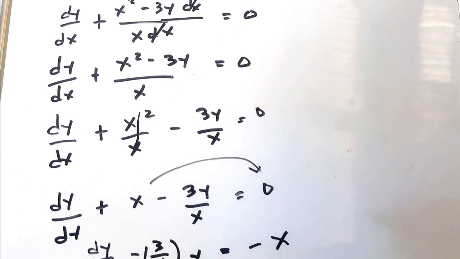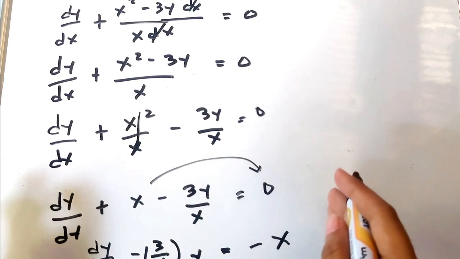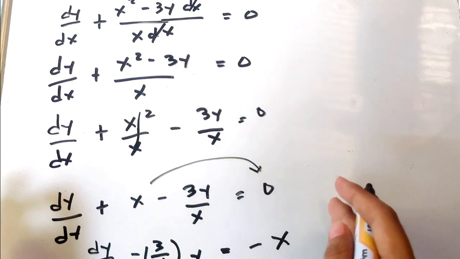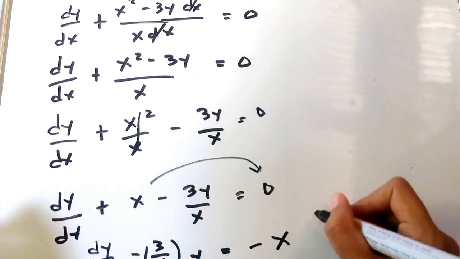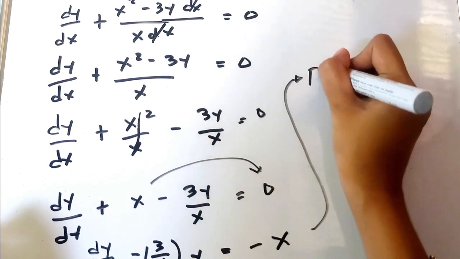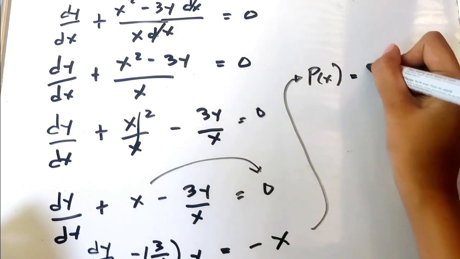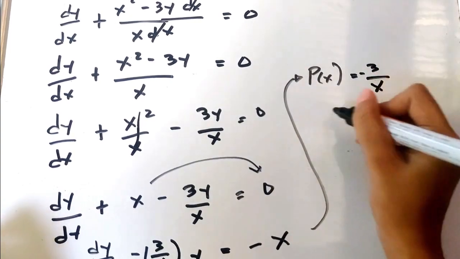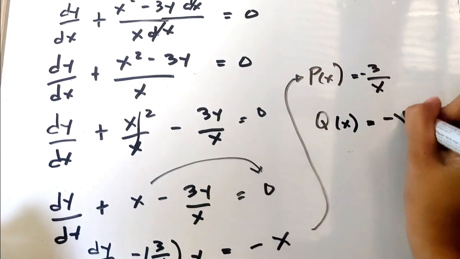As you can see, this is in the form linear in y. So our p of x now is negative 3 over x. Then our q of x is equal to negative x.